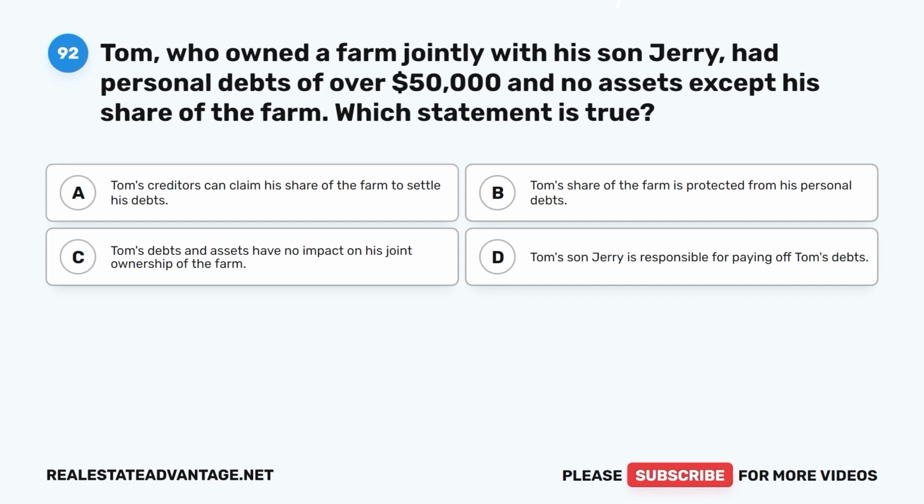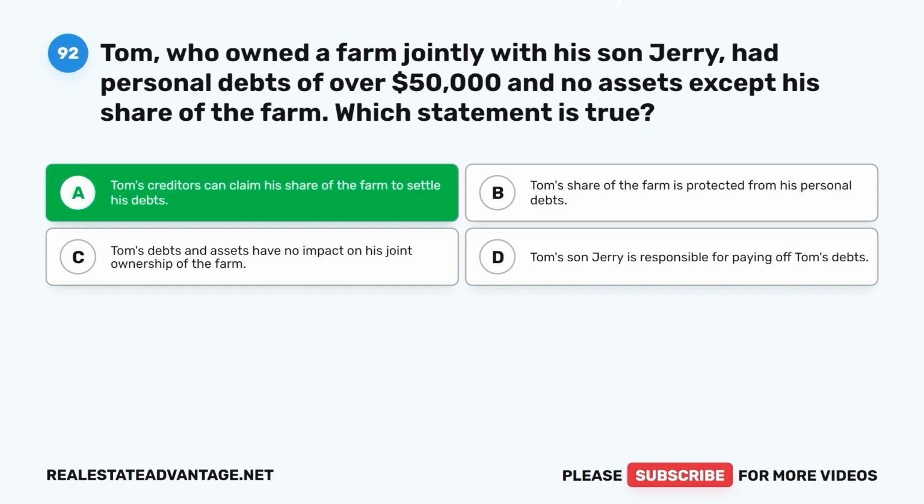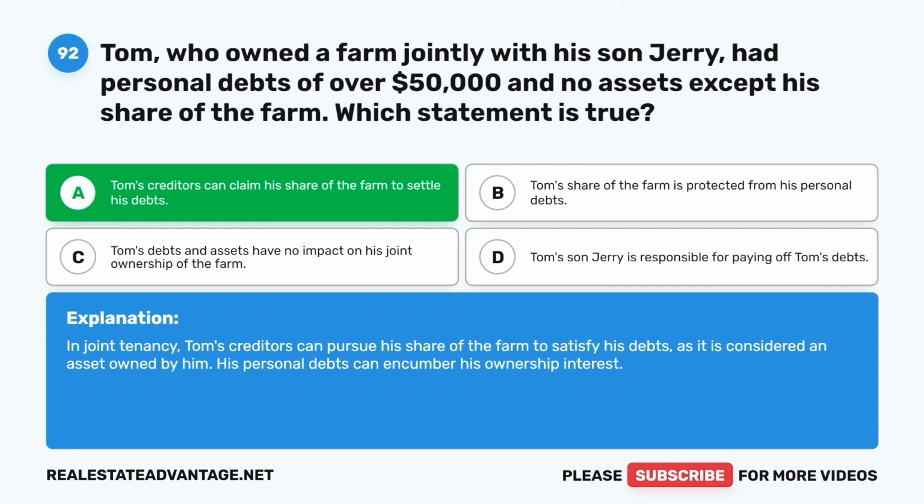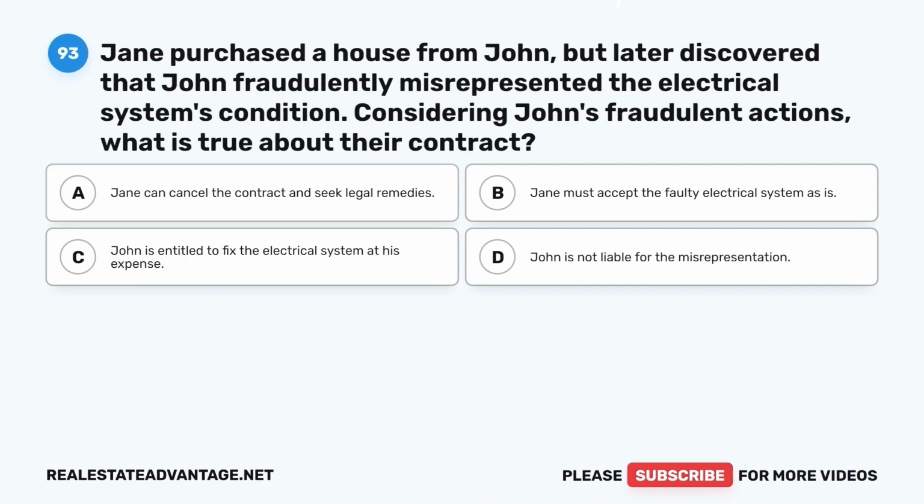D. Tom's son Jerry is responsible for paying off Tom's debts. The correct answer is A. Tom's creditors can claim his share of the farm to settle his debts. In joint tenancy, Tom's creditors can pursue his share of the farm to satisfy his debts, as it is considered an asset owned by him. His personal debts can encumber his ownership interest.